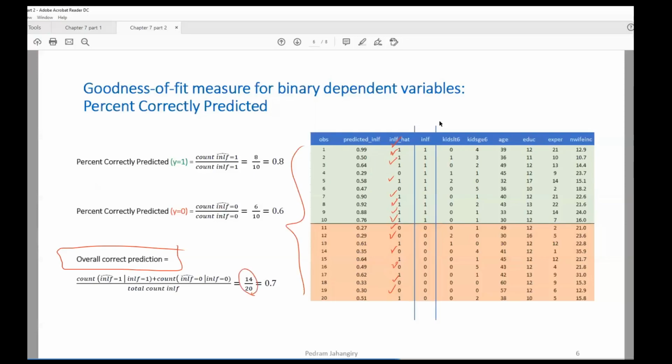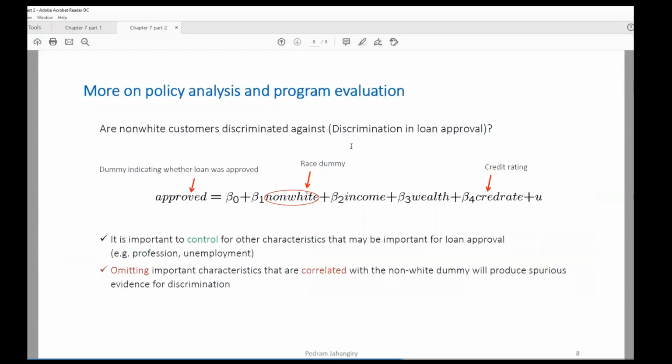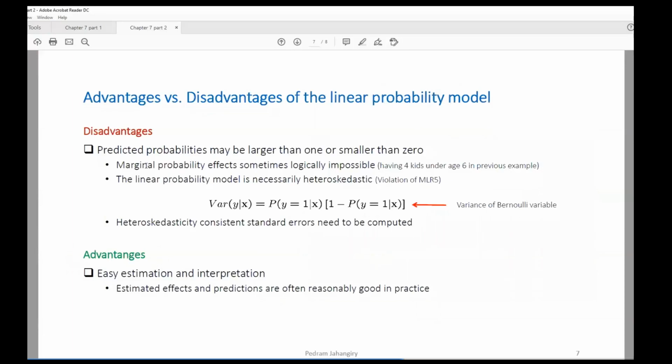So 14 out of 20, 70%. So this is the measure of goodness of fit for a binary dependent variable. We're not going to use R-squared or adjusted R-squared. This is the measure that we use because we have to count the number of misclassifications at the end of the day.